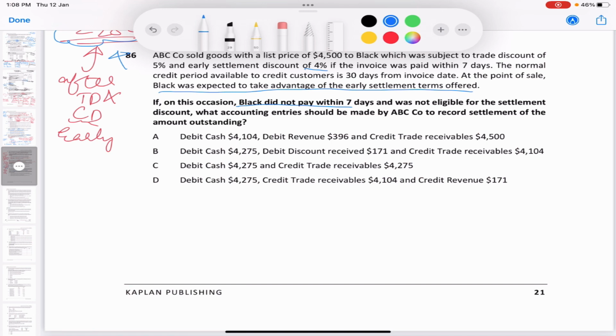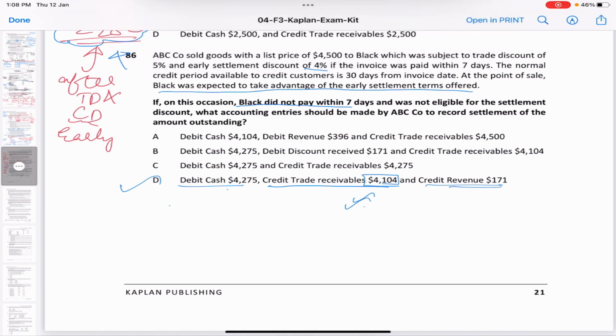So in that case, what will my journal entry be? I hope you can remember this exact case as well. My answer is going to be D. So debit cash. Now I'm going to get the entire cash. Credit trade receivables, but my invoice was of the one which was discounted, so I will credit my revenue as well.